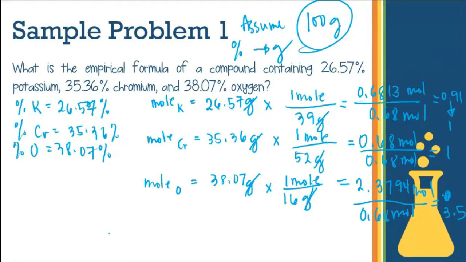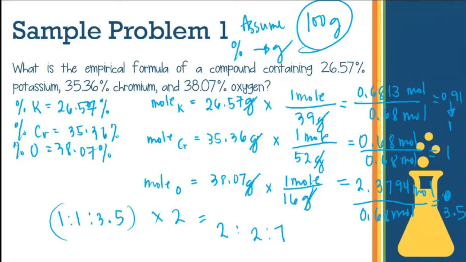Ibig sabihin, ang ratio natin is 1:1:3.5. If you have answers like this, yung 3.5, 2.5, 1.5, you multiply everything by 2. Okay? Times 2 yan palagi. So that will be 2:2:7. Ma'am, lagi po bang mag-multiply by 2? No. Mag-multiply lang tayo by 2 kapag meron tayong ratio na may 0.5.